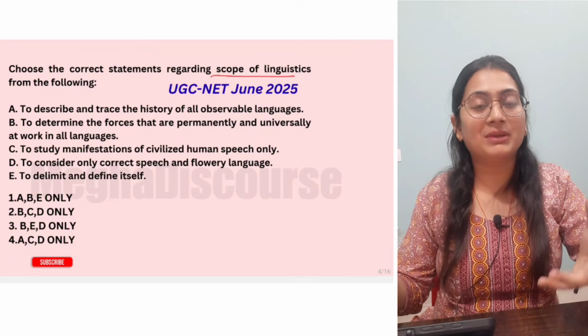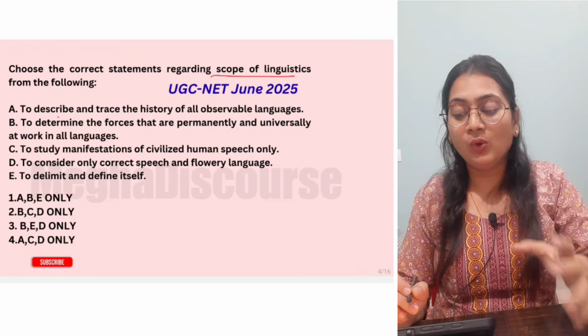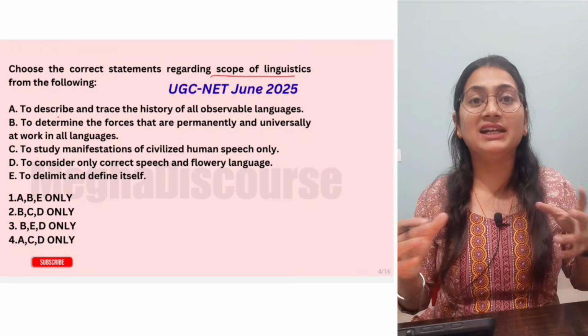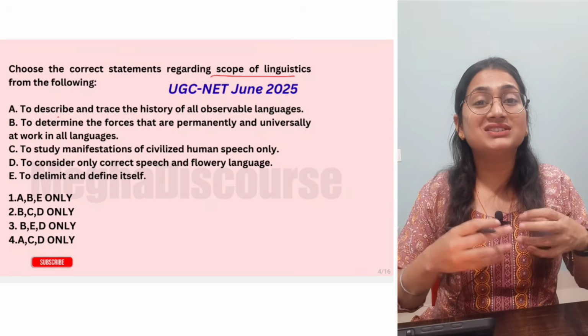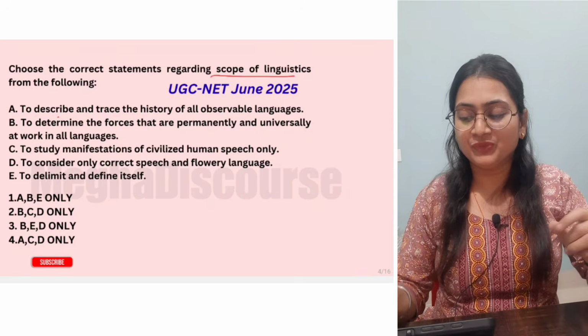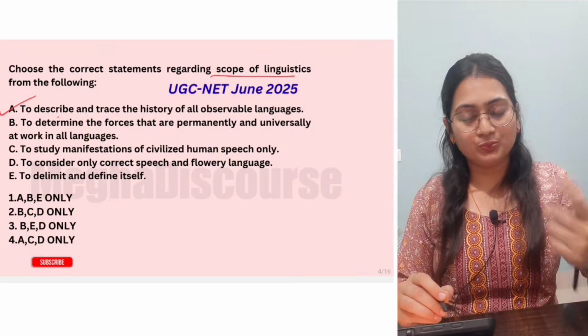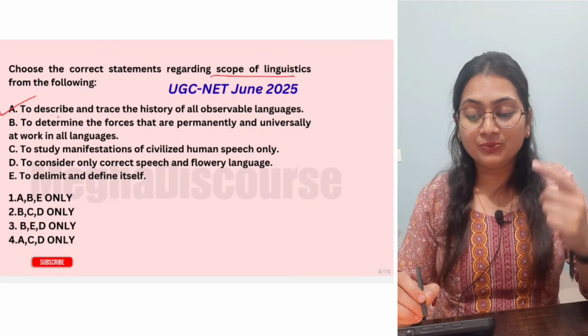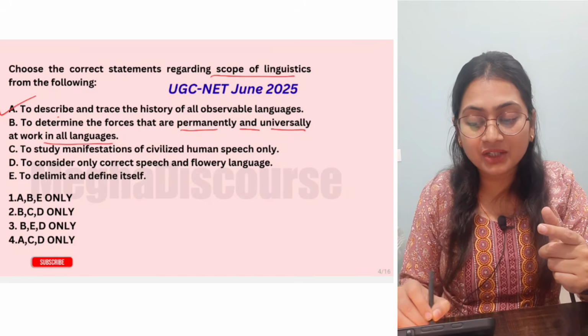It says linguistics means to describe and trace the history of all observable languages. Yes, in linguistics we study how language evolved. Okay, we study from where language came. So this is absolutely right. Number 2, to determine the forces that are permanently and universally at work in all languages.